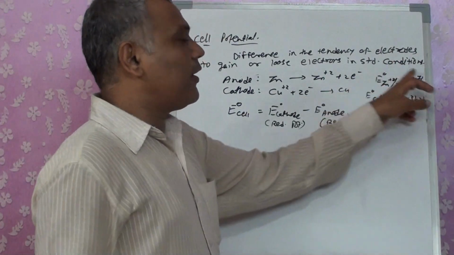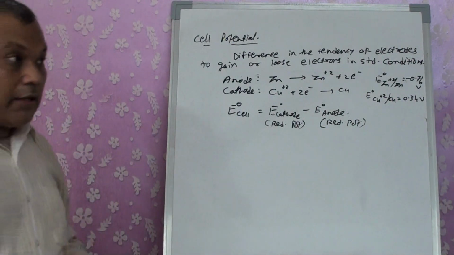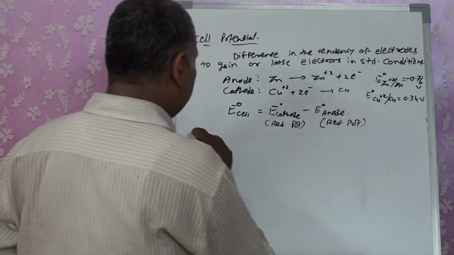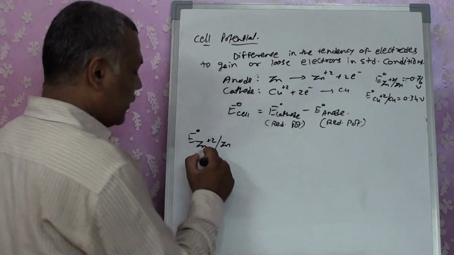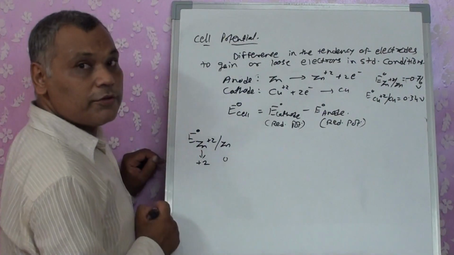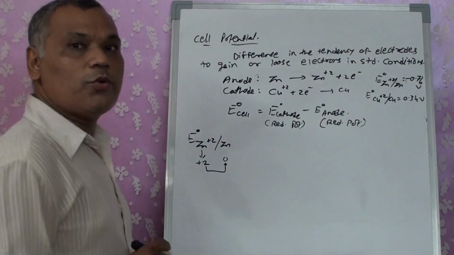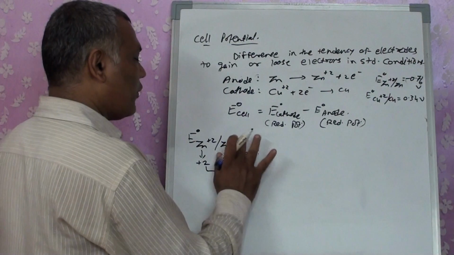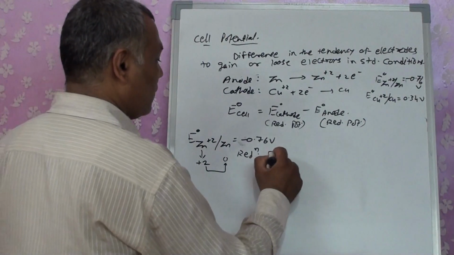But how to recognize whether the potential given to me is a reduction potential or oxidation potential? So what we will do is, just see, it's indicated as E naught of Zn plus 2 Zn. What does it indicate? It's plus 2 oxidation state changed to 0. So that means it's going from plus 2 to 0. When the reaction goes from plus 2 to 0, it indicates reduction. So the potential given to me over here, minus 0.76 volt, is a reduction potential.